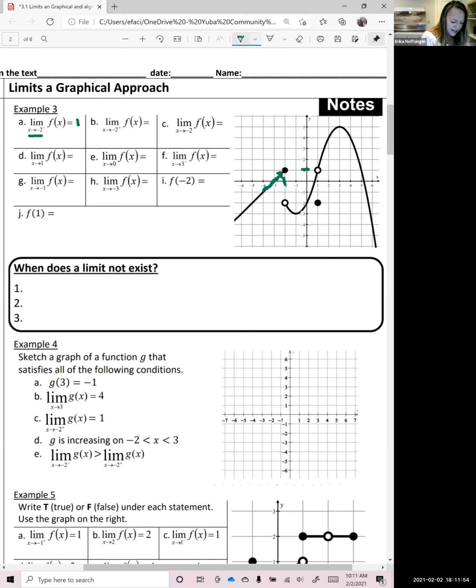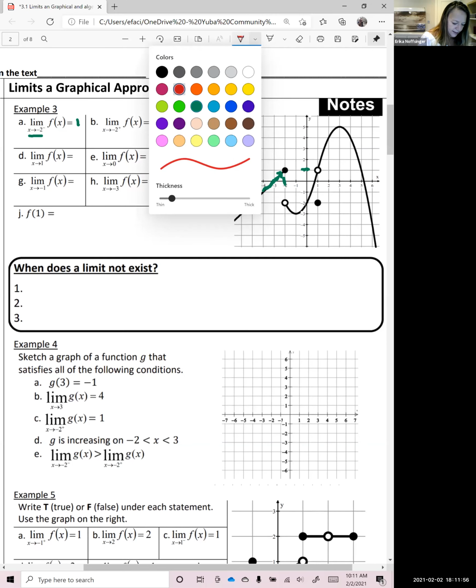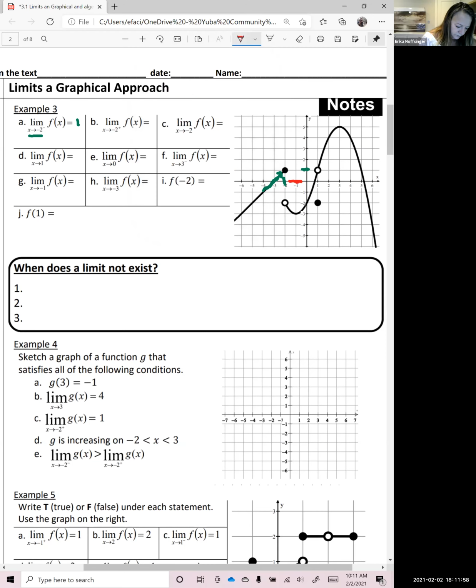So looking at that, coming in on the right, following that graph as x is going to -2, notice that my y value down here is getting closer and closer to -2, but not ever going to hit it because it's an open circle. But the right-hand side limit is equal to -2.